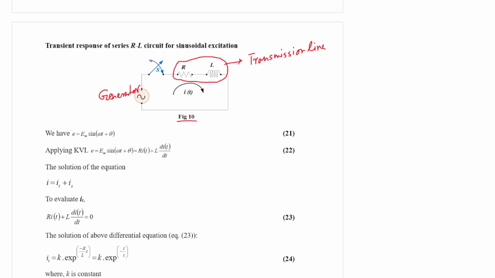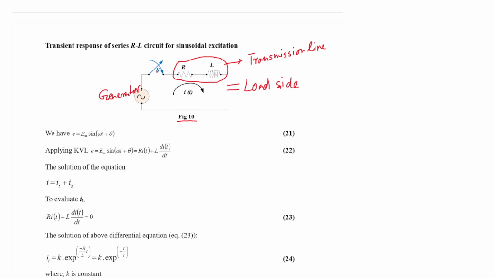Now whenever the switch is suddenly closed or opened, for both conditions transiency will come in the network, and this side we have the load side. As far as the practical side is concerned, this series RL circuit is very important. It closely reflects the practical side of electrical engineering.